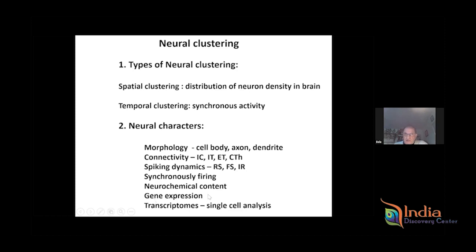Besides that, so-called single cell transcriptome analysis is happening, where the transcriptome depends on RNA research and RNA content, which determines the protein content of the neurons.